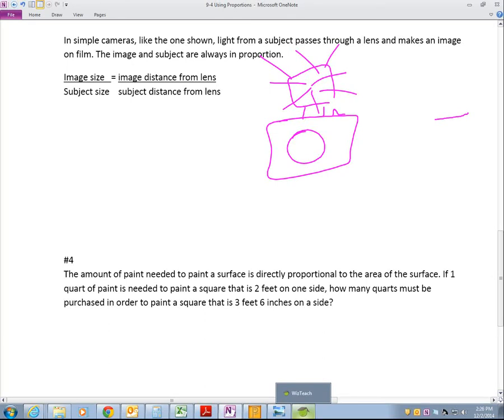The image and the subject are always in proportion. For example, the image size is the image distance from the lens. The subject size is the subject distance from the lens.